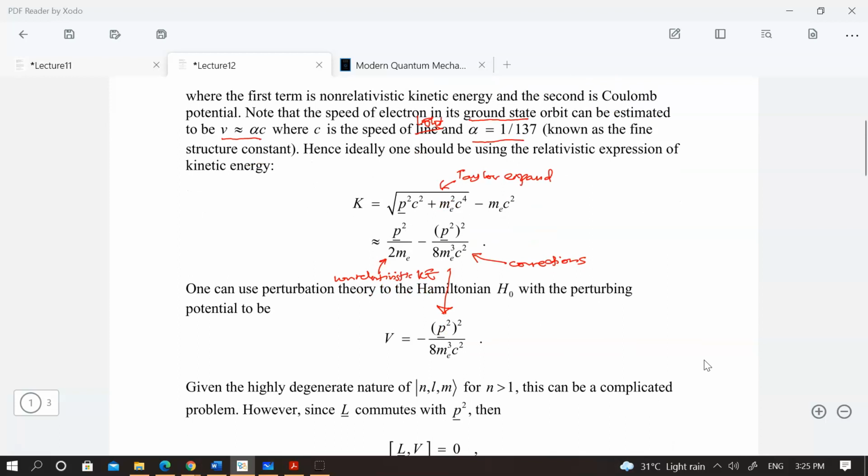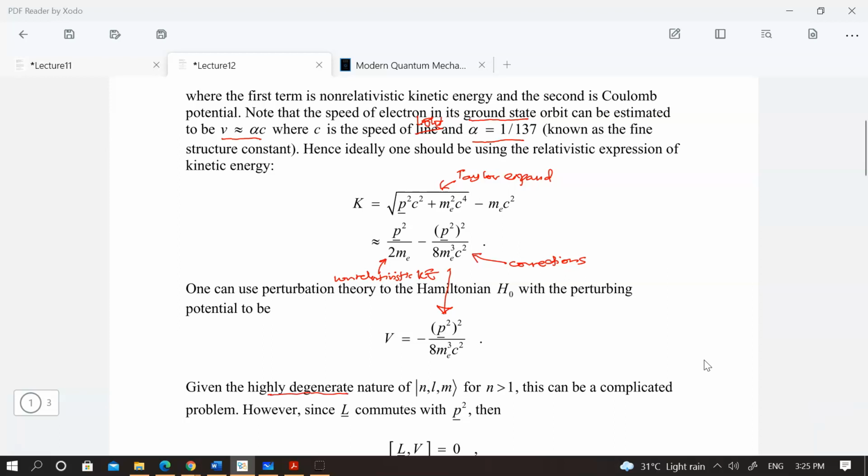The other thing that one needs to worry about is what kind of perturbation theory that one should use. And for example, besides the ground state where n equals 1, your n l m is essentially highly degenerate.